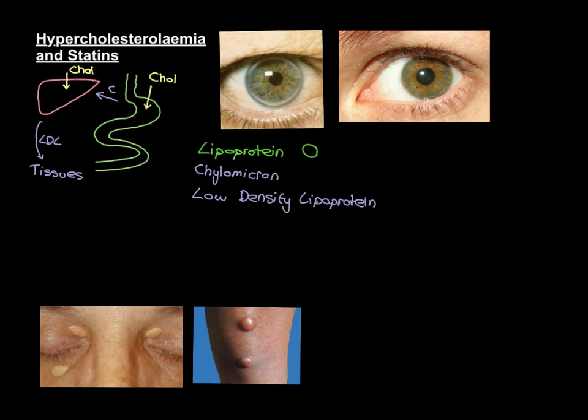LDL can't do that. LDL is a one-way system. It takes cholesterol from the liver and takes it to the peripheral tissues. The peripheral tissues can take cholesterol out of LDL. Unfortunately, if they've got too much cholesterol, they can't just dump it back into the LDL. That would have been a sensible idea, but unfortunately that's not the way it works. Instead, we have a separate lipoprotein for doing that, and that is HDL.